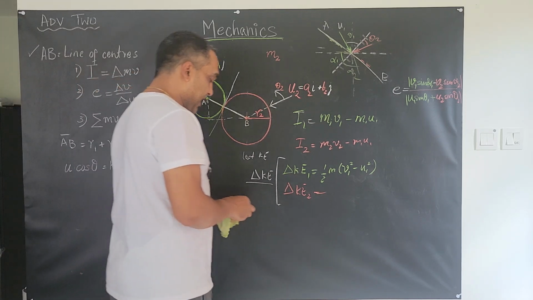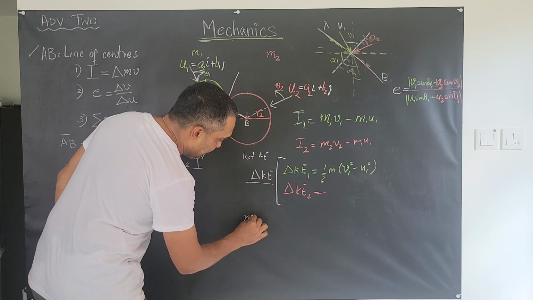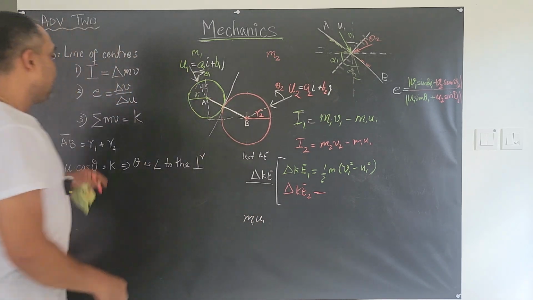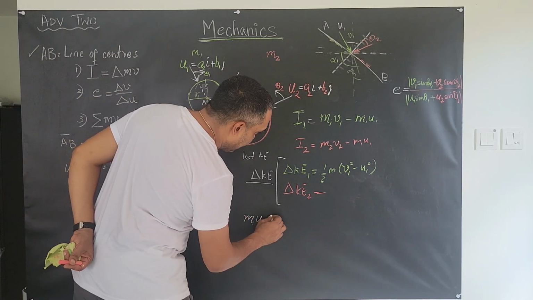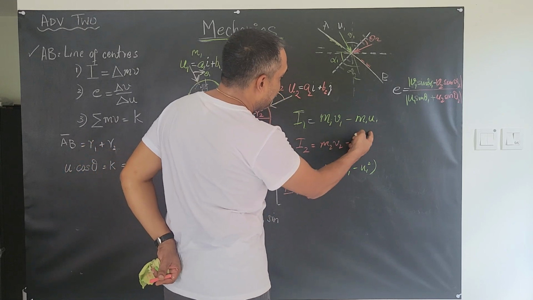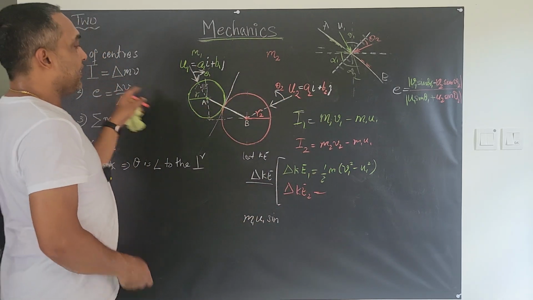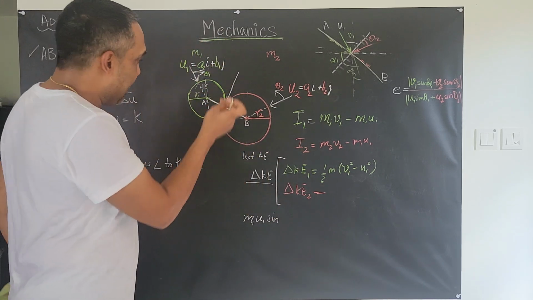Hopefully, I don't make any mistakes here. But remember, it's basically the mass 1, U1, change of momentum is along the line of centers, so it will be sine. Likewise here, remember the sine and cosine apply because the impulse changes along the direction. So I have to capture that angle as well.